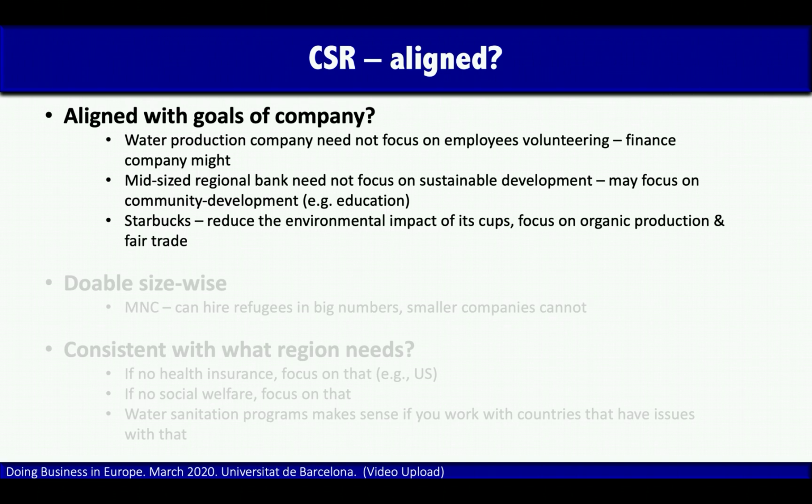It doesn't need to ask the workers to do some volunteering or engage with the community in some sense or another, right? Because it's very easy to think what direction the firm can take. I'm not saying it should never do it, but for the public it may be easier to understand, and for the firm, it may be a lot easier to carry out because it's part of the business.